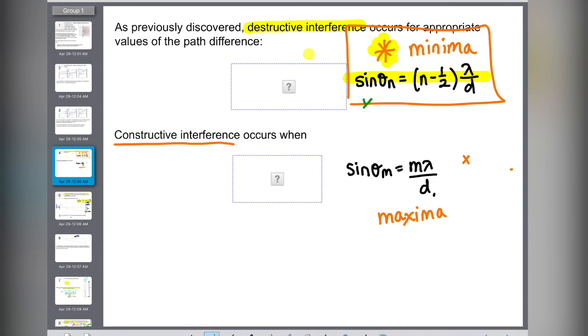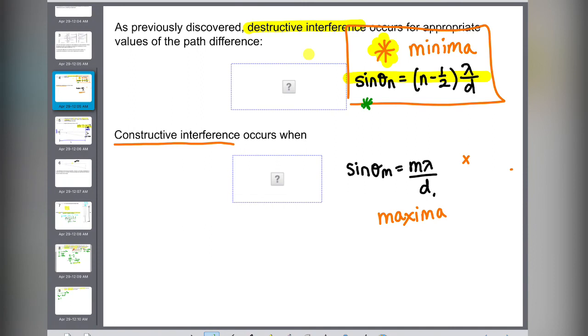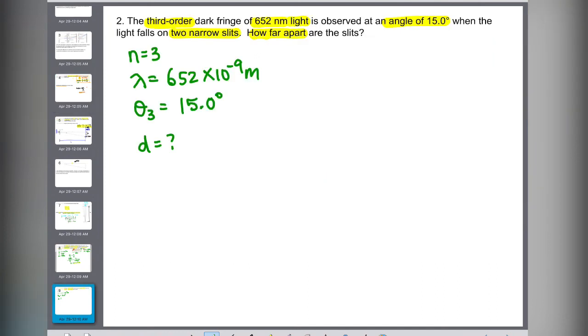Right, so are we okay that we're using this equation? As I said, we're always using the minima, okay? Between the dark and the dark. Because it says nodal line. Right, like in here, they tell you that this is the dark fringe. So we're going to be using the dark fringe, which is the nodal line.